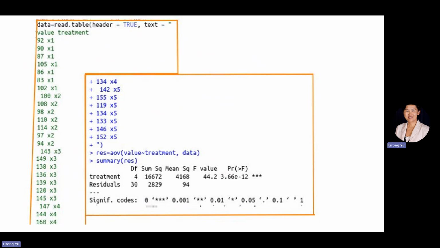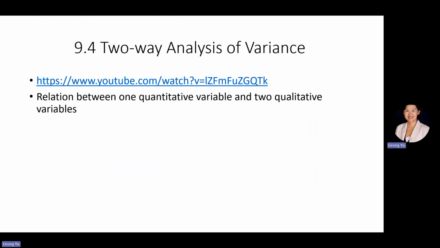This is to determine whether the X value is affecting the quantitative value, and maybe A, B, C have different values in the quantitative set. So if you have two different qualitative factors affecting your quantitative value, determining the differences is called a two-way ANOVA. Any questions? So what we are talking about in 9.3 is one-way ANOVA.